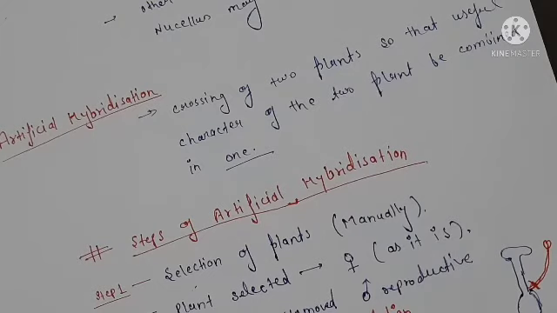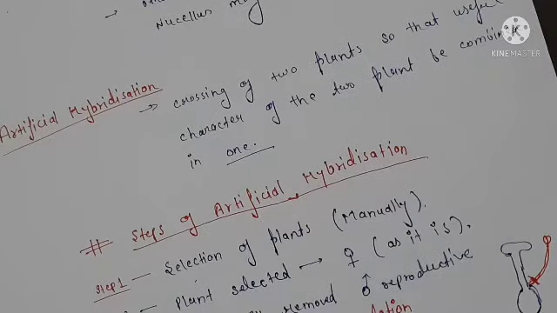Means if there is any plant which is resistant to bacteria, we will first observe it, do some experiments, and after that we take the gene from that plant.